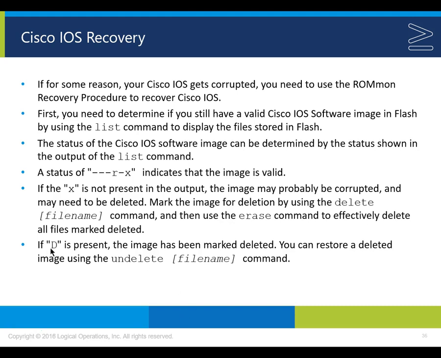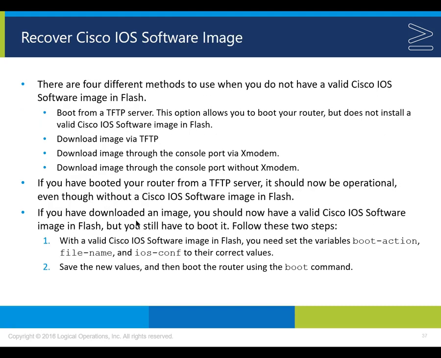And down here, the D is present. The image has been marked for deletion but has not been deleted yet. Kind of like a database, you mark a database entry for deletion, and then in the old system in DBase, you had to run the pack command to actually make it go away. A similar thing happens to get these things deleted.